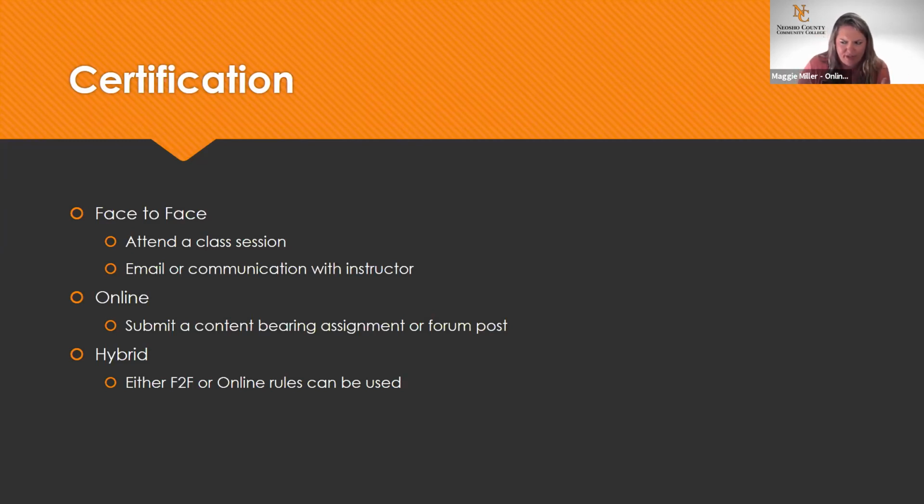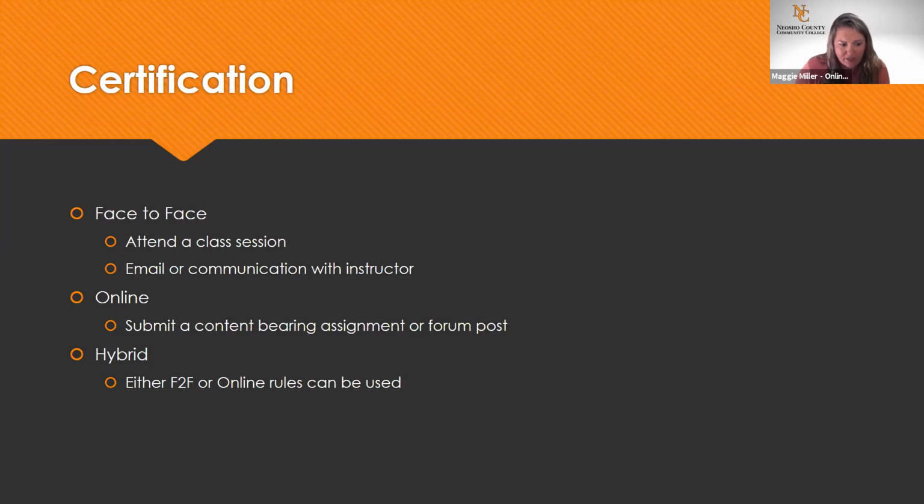I believe that's right, Marie? Is it just communication about attendance? Online, they have to submit a content-bearing assignment or a forum post, and then they will be certed in. If they do not do those things, cert out.